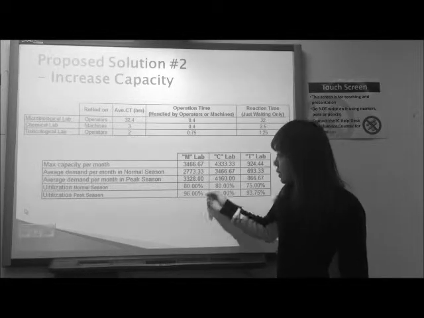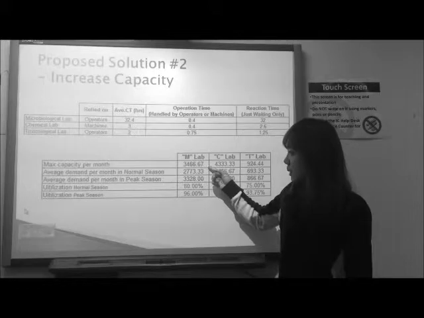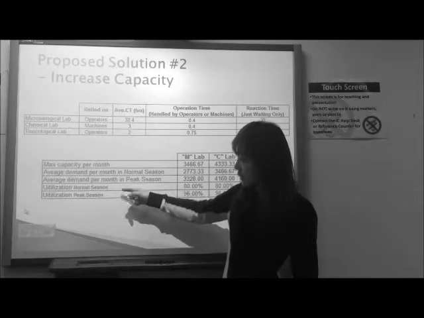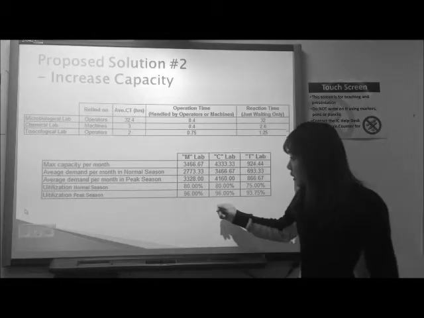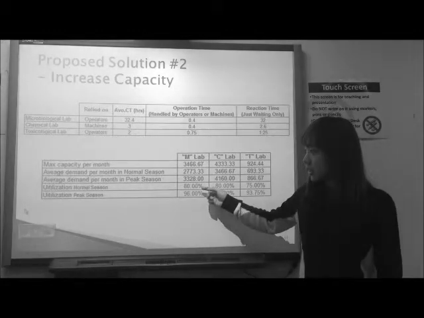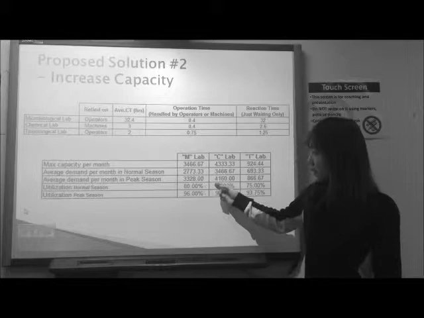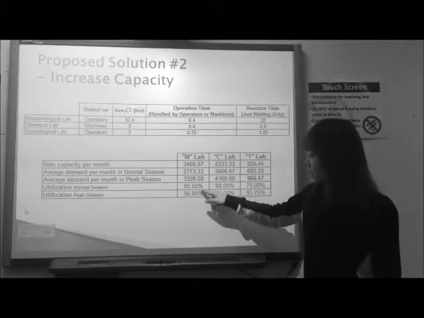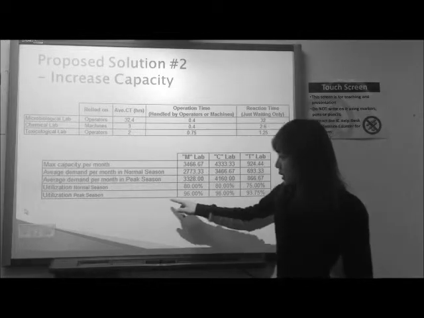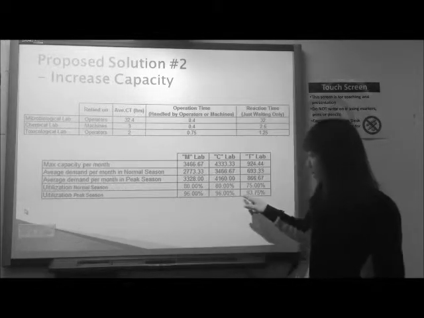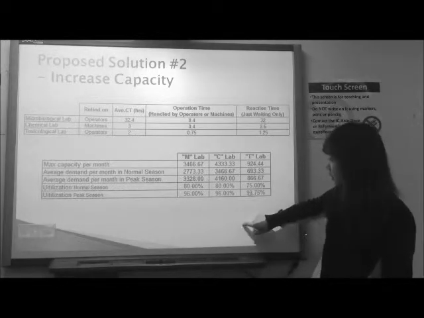And you can also see the calculation of our capacity as well as the utilization in both normal season and peak season. The utilization of normal season of all the 3 labs is around 80%, and the utilization of peak season is more than 90%.